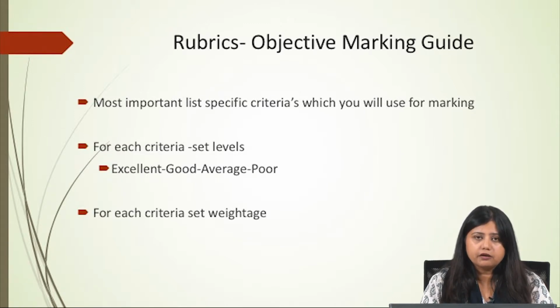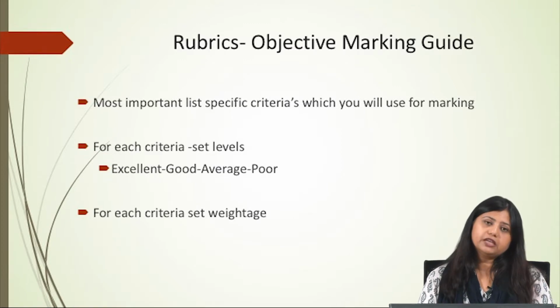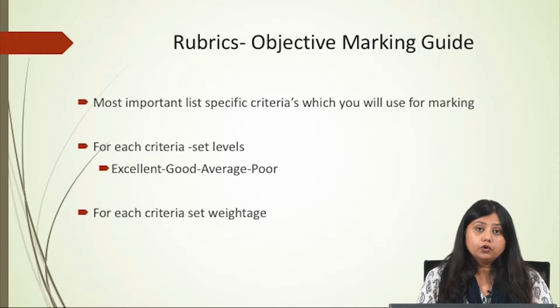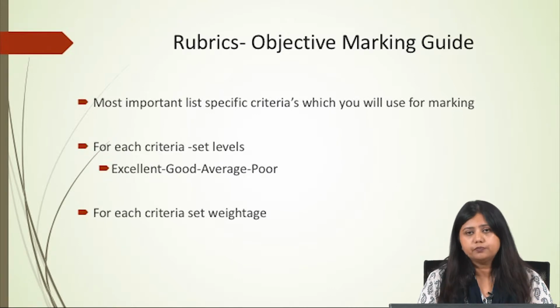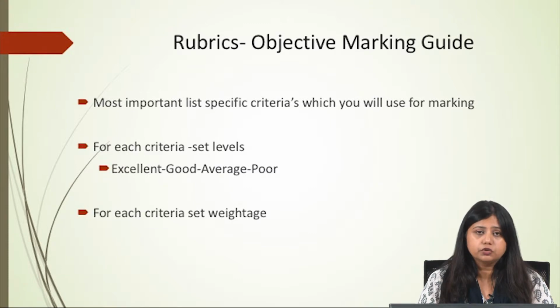Once you have the criteria and the levels, we then need to decide what weightage we are going to give to each of these criteria. Just to give you an example, for an oral presentation, for 100 marks, you might give 50% weightage to the content and the research work which they have done, and you might give only 10% weightage to the communication skill or 10% to the presentation slides. There is no hard and fast rule that all the criteria need to have equal or different weightage.